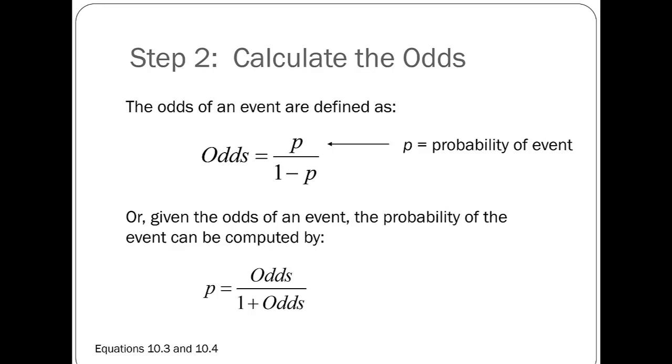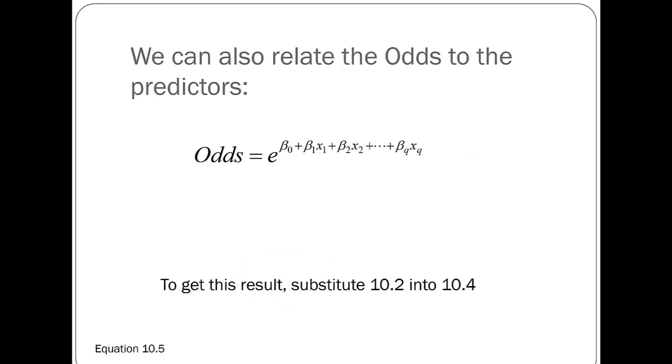So we can go from odds to probability by solving for p, and when we do that we get p is equal to the odds divided by 1 plus the odds. And so with logistic regression, we're going to say the odds are going to be equal to e to the beta 0 plus these other terms.